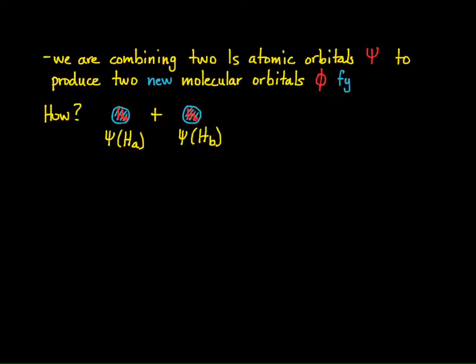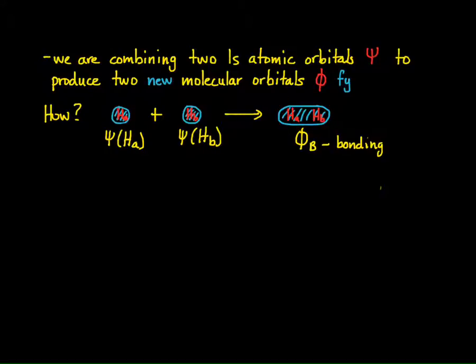And when we add the two wave functions together, we get a new wave function, which we call phi B. The B stands for bonding. So phi bonding. So this is a new molecular orbital. It is a bonding molecular orbital between HA and HB.